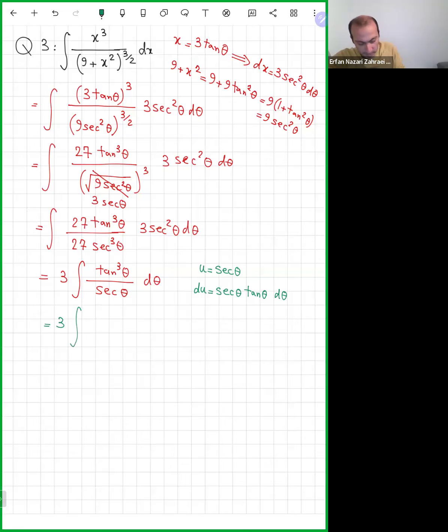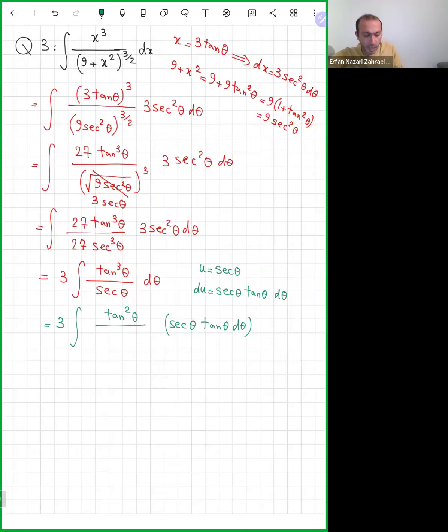Then I isolate du, this thing. I isolate it: secant theta tangent theta d theta. I will write the rest here. So I had originally three tangents on top. One of them appeared here, I used it here. So two more remain that I will have here.